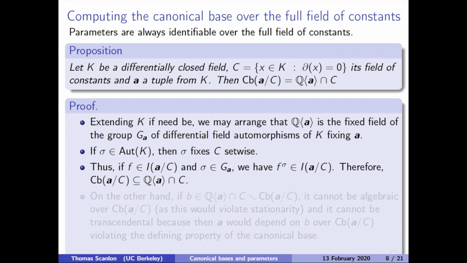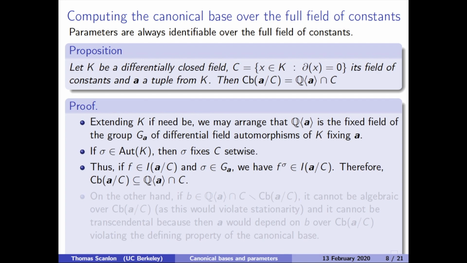And from our first observation, the coefficients stay inside of C, which means that new differential polynomial, which also vanishes on A, also has coefficients in C, so it's in this ideal. Okay, so what have we just said? We've said that this ideal is invariant as a set under all automorphisms which fix A.